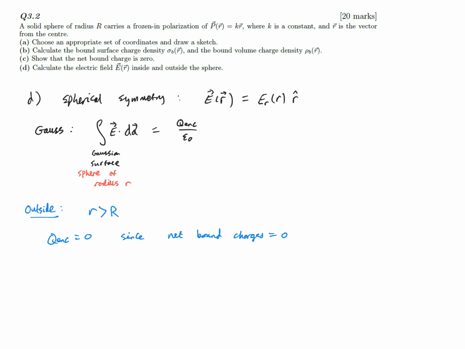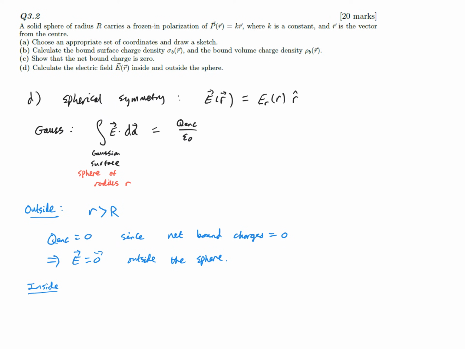We're just talking about the bound charges. So when we're outside of the sphere, the charge enclosed is 0. And that implies very neatly that the electric field is equal to 0 outside the sphere. Maybe not completely obvious that was the case, but that is indeed the case.